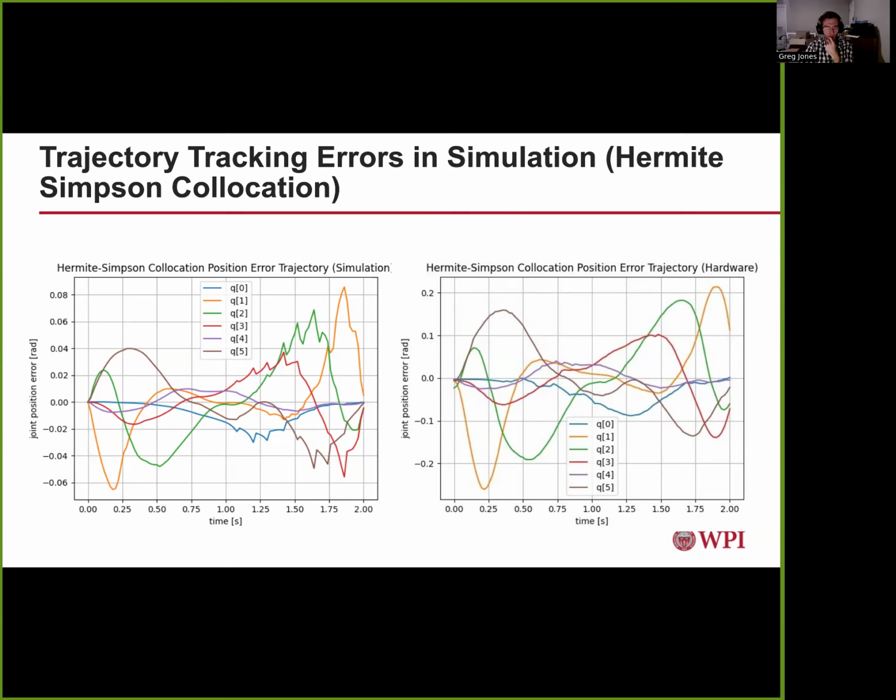There's simulation and hardware, and the errors are actually kind of similar to trapezoidal, slightly larger though. So 0.08 here is about 4.6 degrees, and on hardware, 0.25 is about 14.3 degrees.